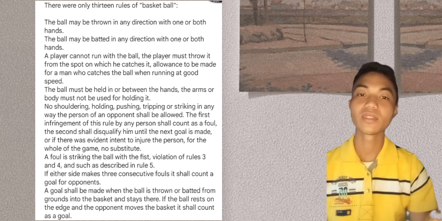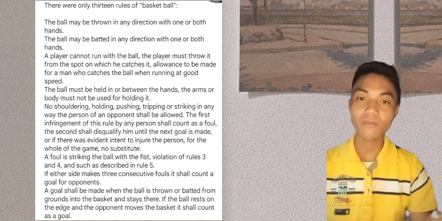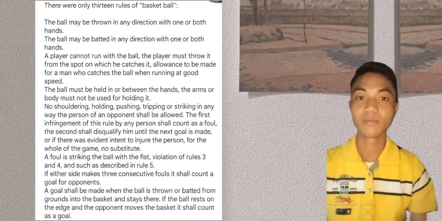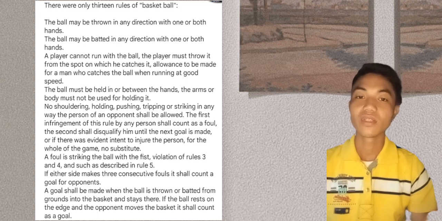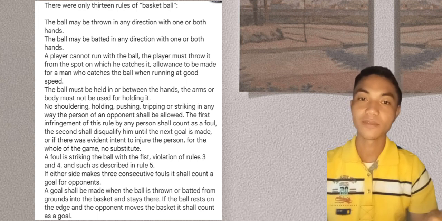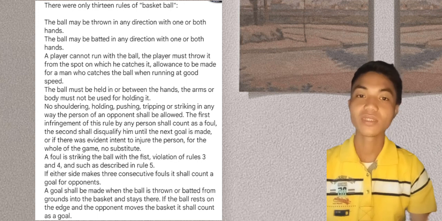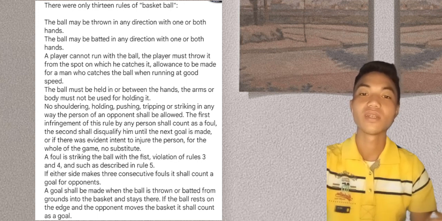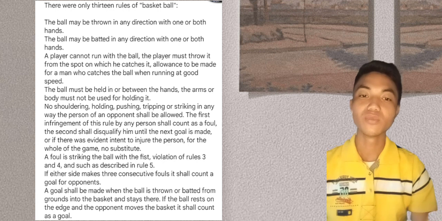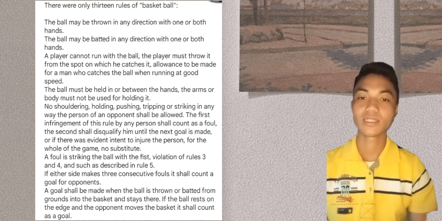Seventh, if either side makes 3 consecutive fouls, it shall count as a goal for the opponent. Eighth, a goal shall be made when the ball is thrown or batted from the grounds into the basket and stays there. If the ball rests on the edge and the opponent moves the basket, it shall count as a goal.